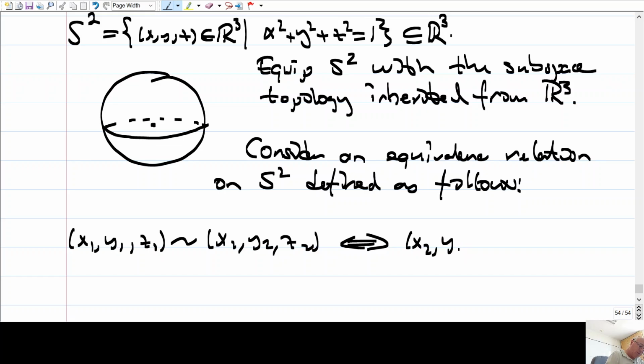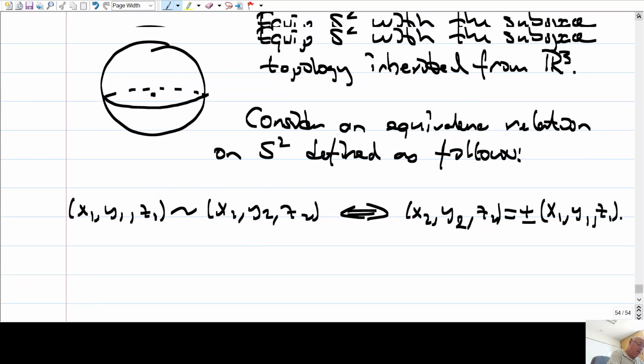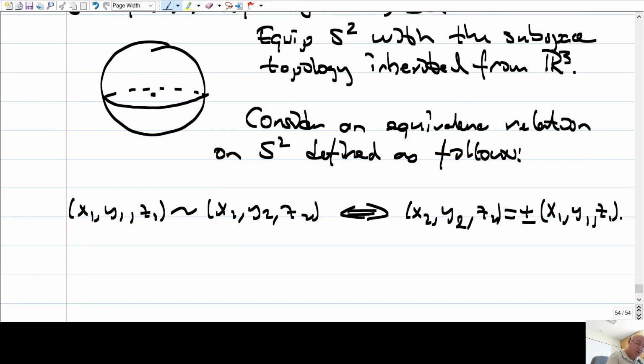So (x2, y2, z2) is equal to minus (x1, y1, z1). Okay, maybe I should say plus or minus because every point is equivalent to itself, right? So this means what? I see antipodal points as the same.